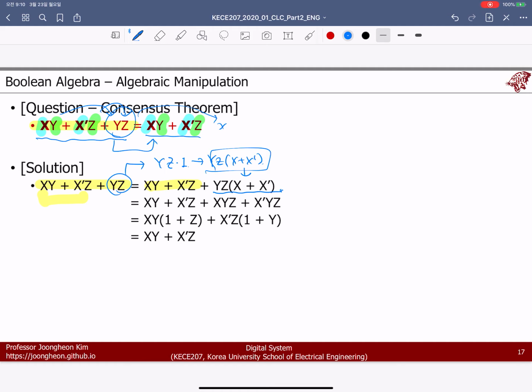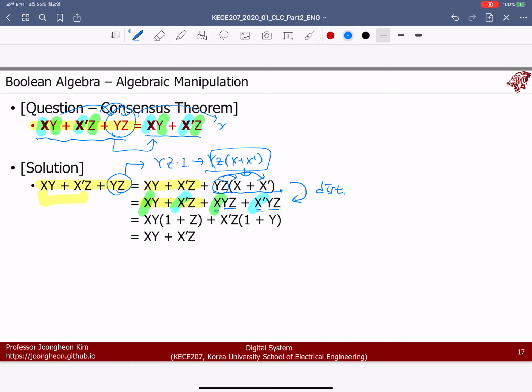Okay, and then you can develop it by the distribution law, and then you can do the ordering in terms of alphabetic order. You can sort in terms of alphabetic order. That's why x becomes first, x prime becomes first, and then you have to put yz and yz, and then this is the same as the previous line. And for the next, you have to combine with x, and then you have to combine with x prime.